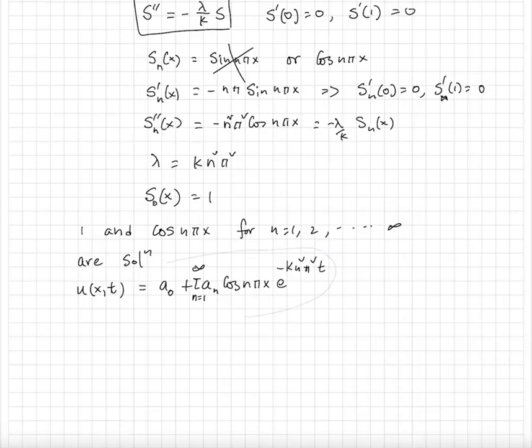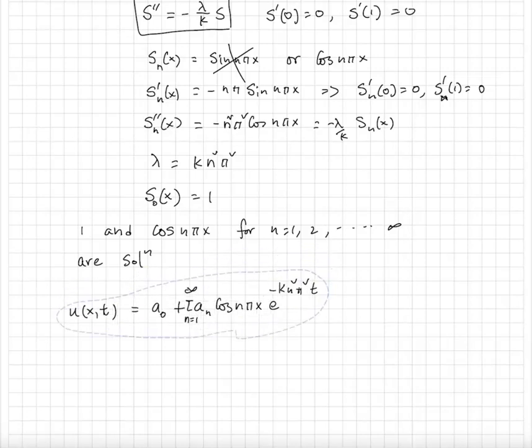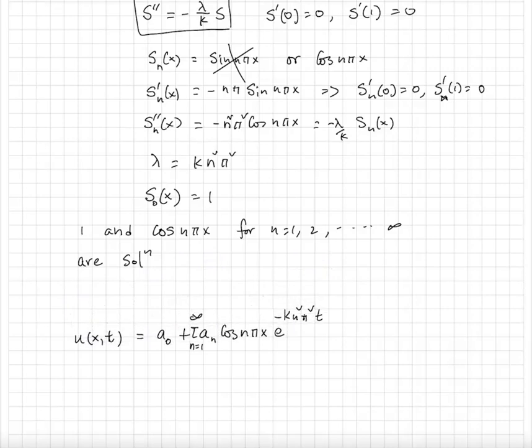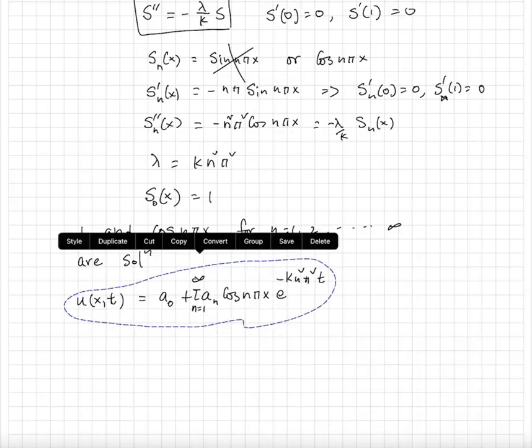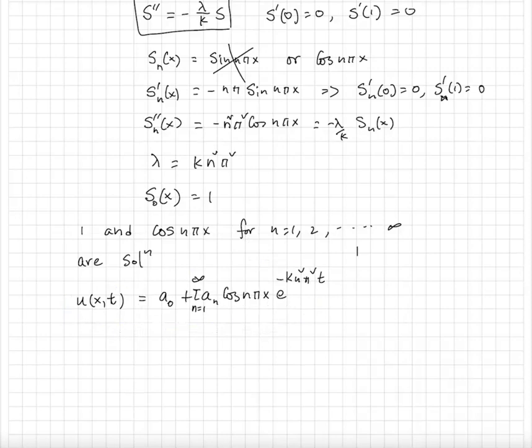Maybe some clarification would help some of you. So let's see here. The solution we started with is u(x,t) equals S(x) e to the power minus lambda t.